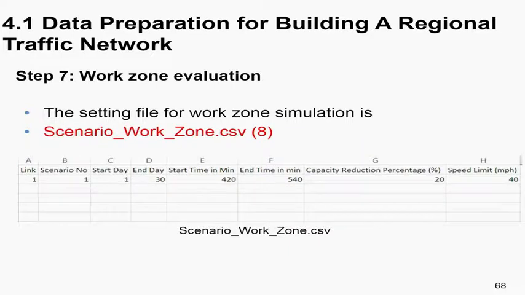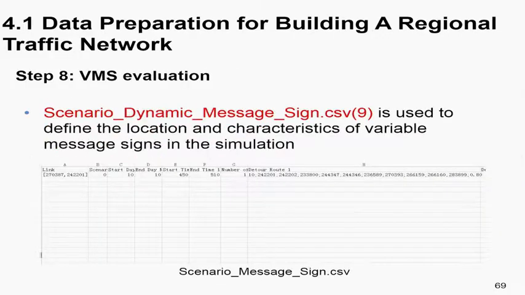The work zone evaluation is related to any capacity reduction application. So you need to specify the day or the time period defined by starting day and ending day, and the capacity reduction percentage for the link layer, and the corresponding speed limit and the work zone condition. VMS: you can also specify the scenario VMS time.